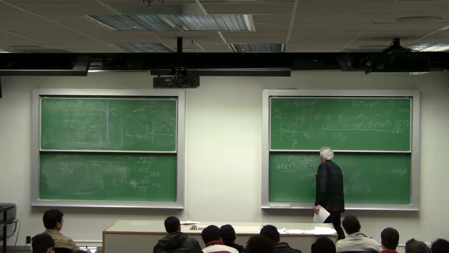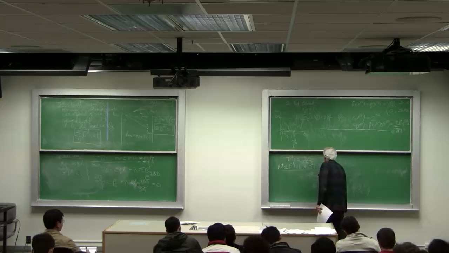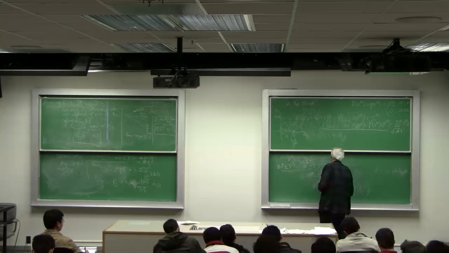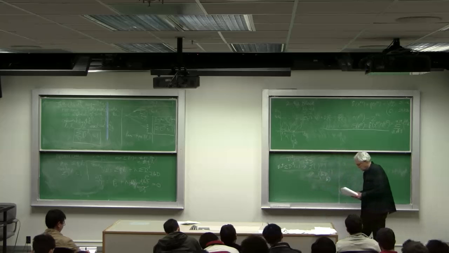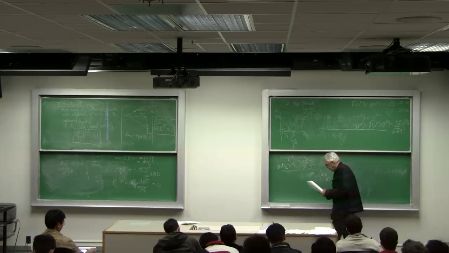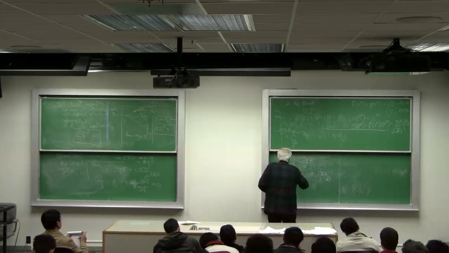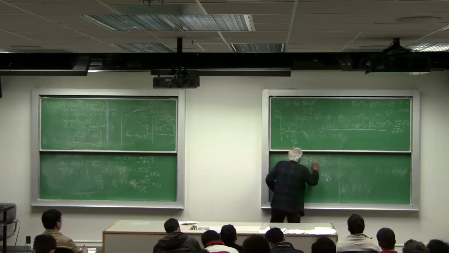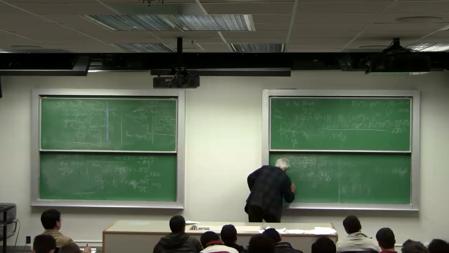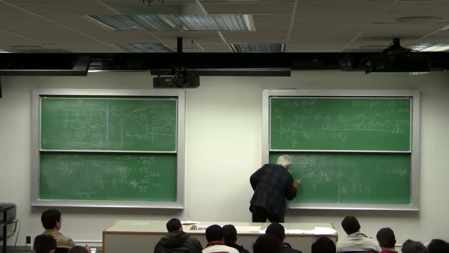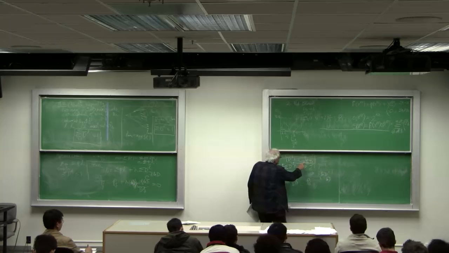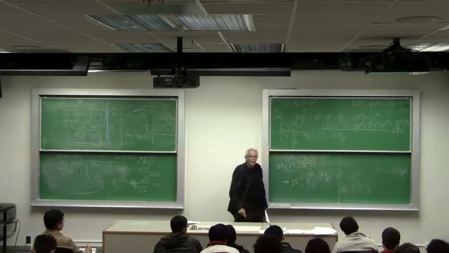So that implies 1 over lambda log D equals 1, or lambda equals 1 over log D. And that implies from here that D to the minus L_j is equal to p_j times 1 over log D times log D. Okay?